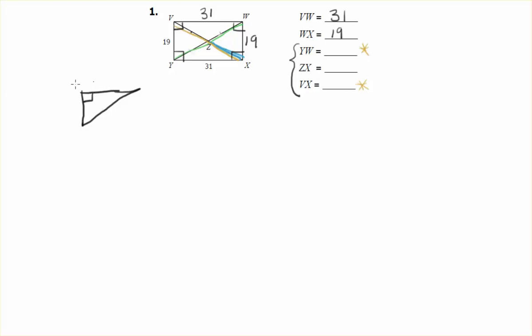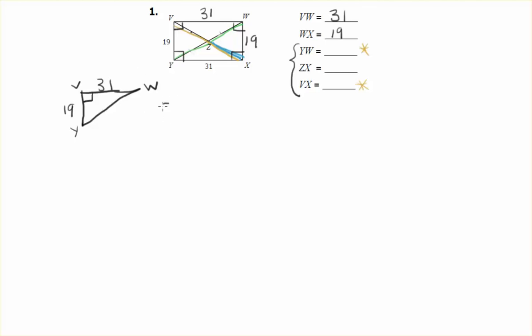So we have a 90-degree angle up there at V, and then we have side lengths of 19 and 31. We're trying to find this third length. When you have a right triangle, remember you can always use the Pythagorean theorem. The triangle has to be a right triangle in order to use it.